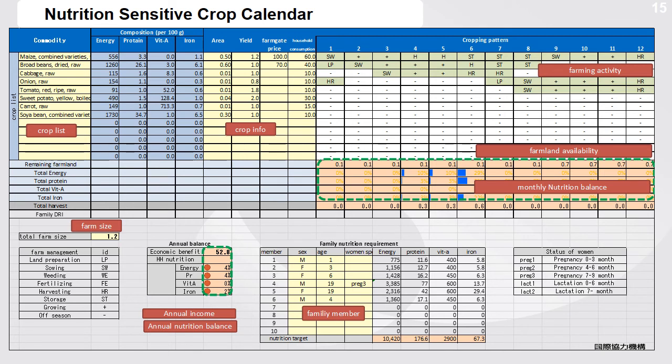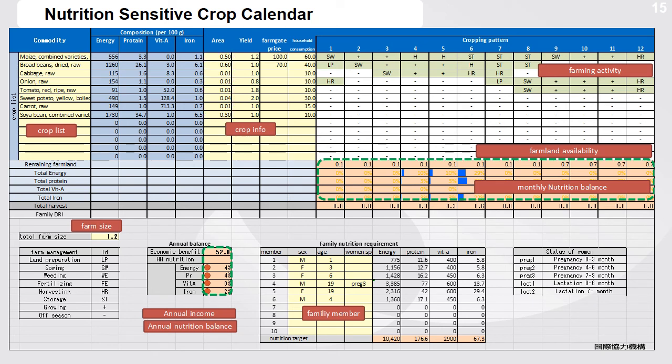In this sheet, first the user will input type of crop they introduce in the field. They also need to input family composition, age and sex, and also overall farm size. Then farmer will allocate certain production area, certain land area for selected crop.